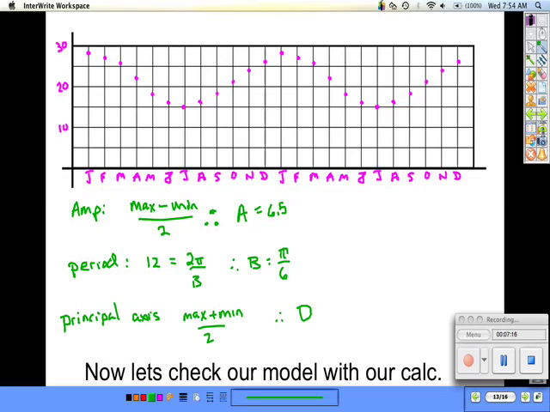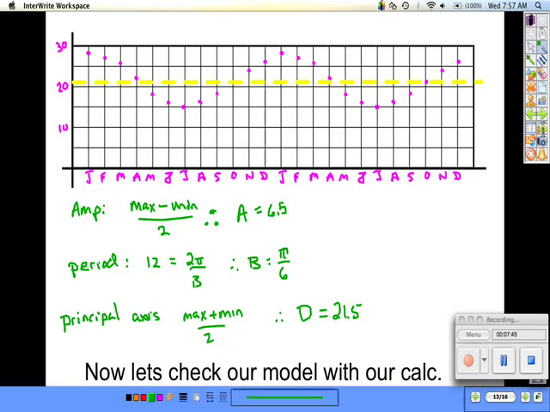And that's going to give us D. So this yellow line that I'm putting in approximately models that principal axis.